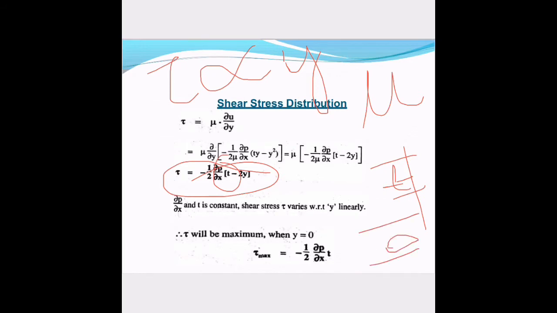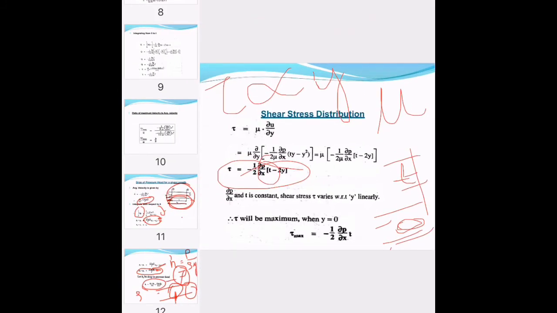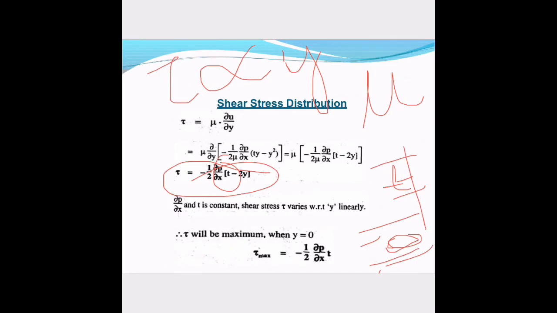Again, the minimum shear stress will occur if y equal to t by 2. Put y equal to t by 2 in this equation, and your shear stress will be 0. That means the minimum shear stress will be 0 at y equal to t by 2.